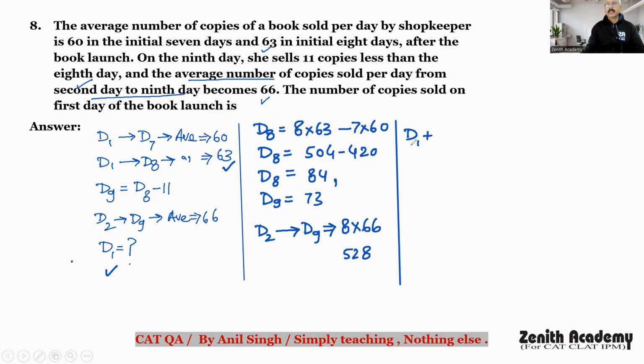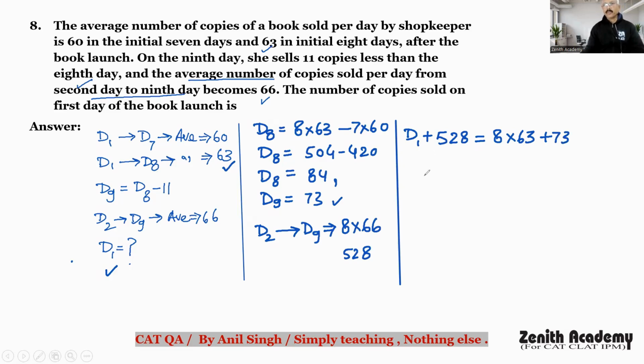D1 plus the second day to the ninth day total number of copies sold 528. And this will be equal to 8 into 63. First 8 days, the average is given 63. So the total number of copies 8 into 63 plus the ninth day. Ninth day's copies sold 73.